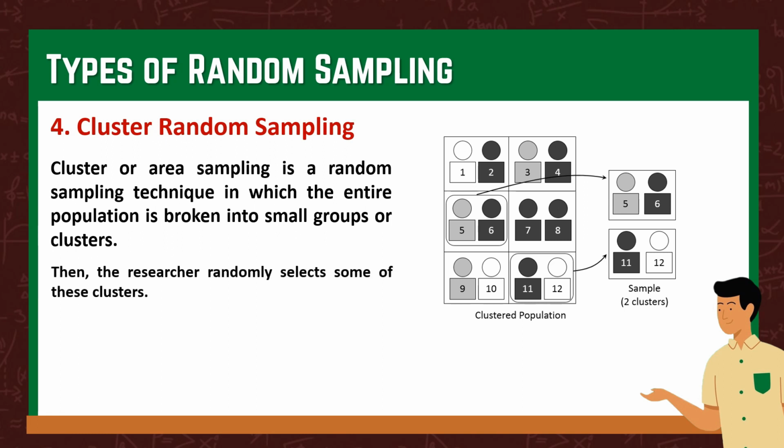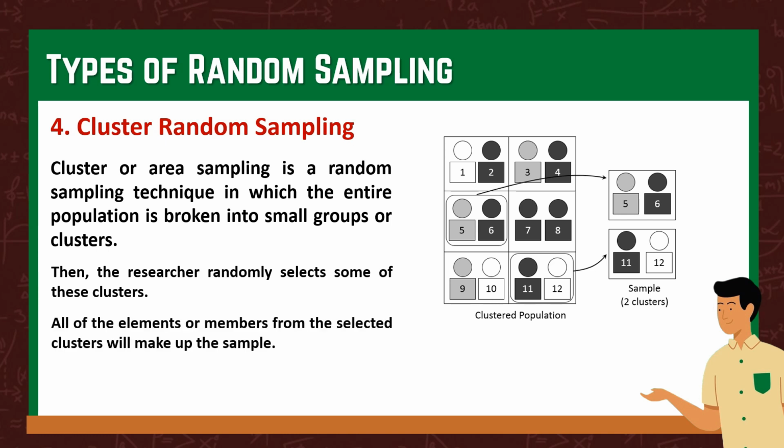Then, the researcher randomly selects some of these clusters and all of the elements or members from the selected clusters will make up the sample. So pagkatapos may group ang population into clusters, ang researcher ay pipili ng mga clusters sa pamamagitan ng simple random sampling.